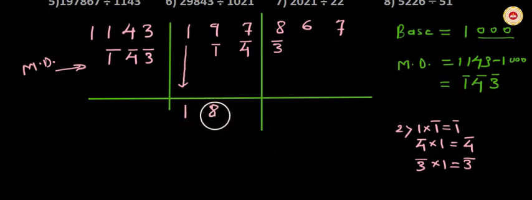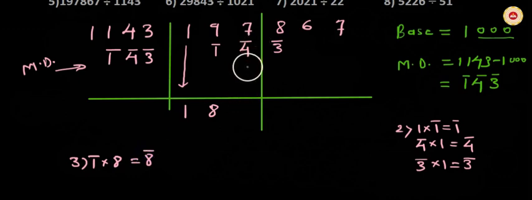Now in the third step, multiply the 3 digits in modified divisor by second quotient digit 8. Minus 1 multiplied by 8 is minus 8. Write this minus 8 in the third column, that means below third digit of the dividend. Now multiply second digit in the modified divisor.